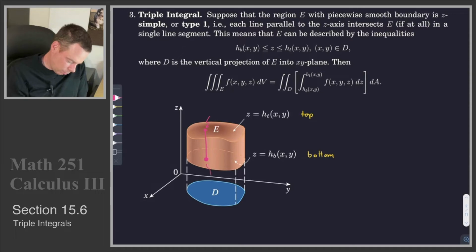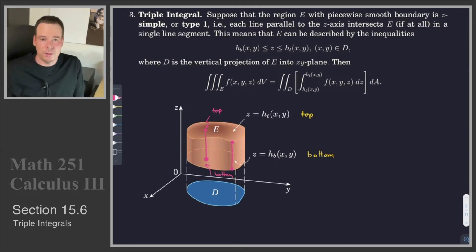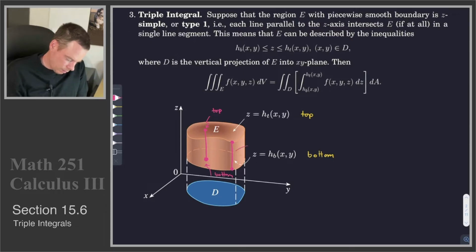Wherever they get the lowest value, that's the bottom for the region. So again, that's on the bottom, this is on the top. And if there happens to be a spot where, when I drag that line segment around, all the points on that line segment live on one of the boundary surfaces, then the boundary surface that it lives on is called a side.